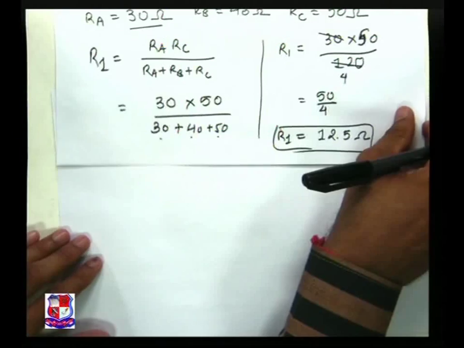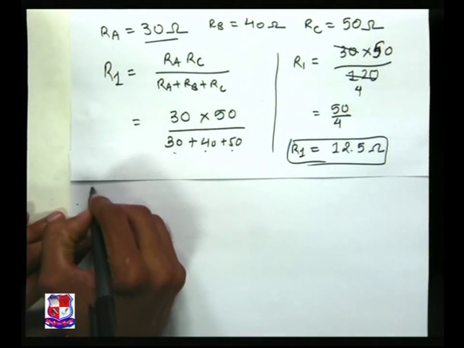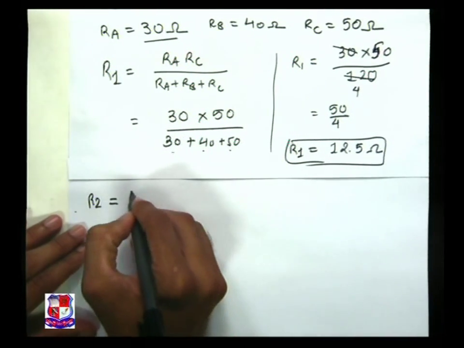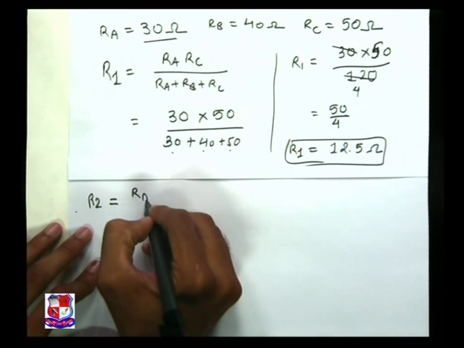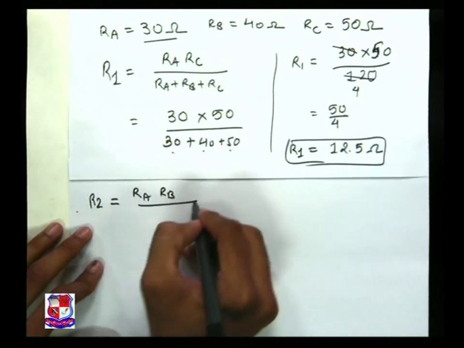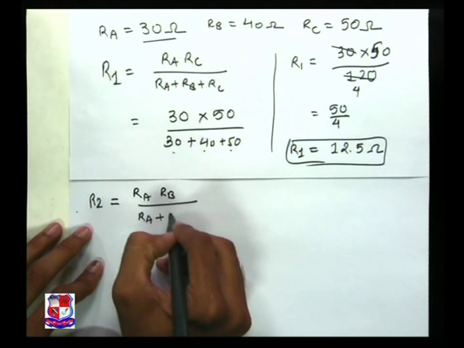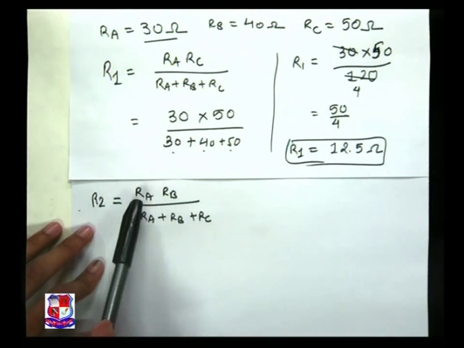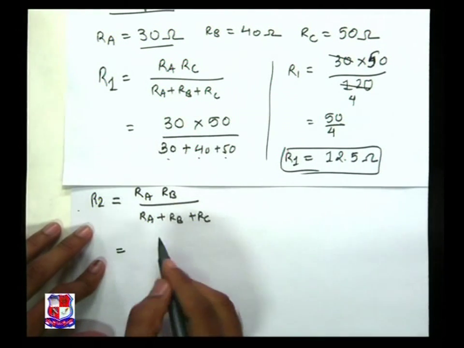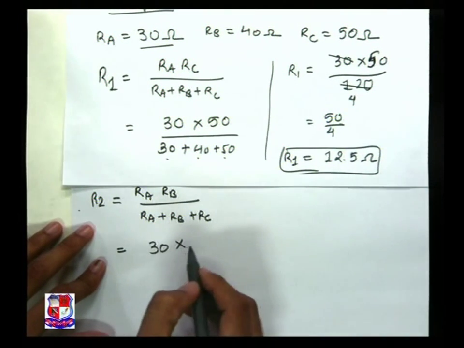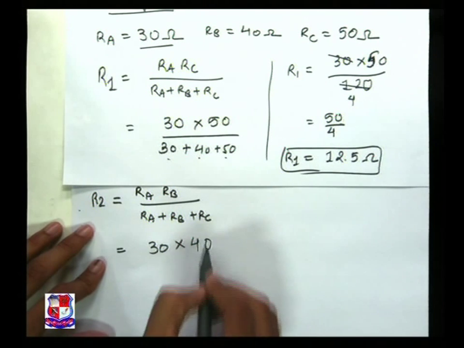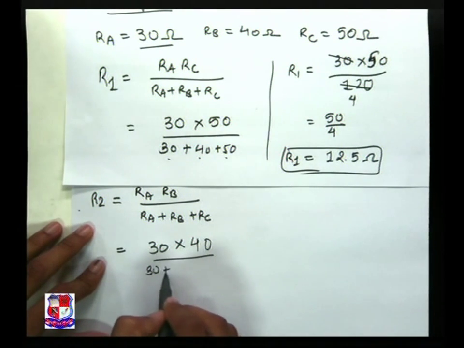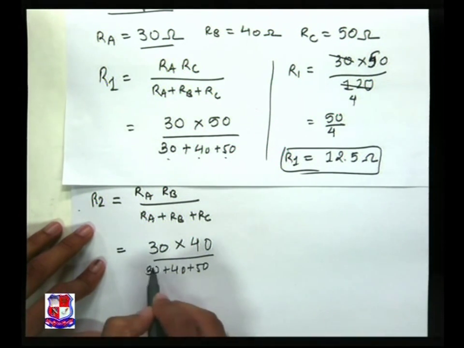Similarly we can find the second also. R2 equal to RA RB upon RA plus RB plus RC. Simply put in the values of A and B, that is 30 into 40, and take the addition 30 plus 40 plus 50.